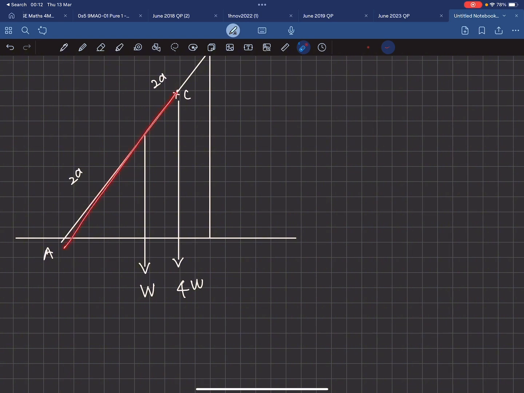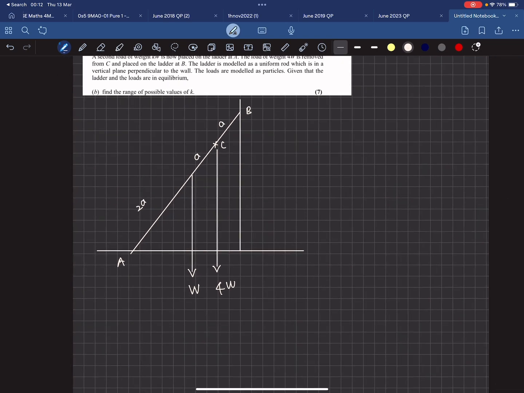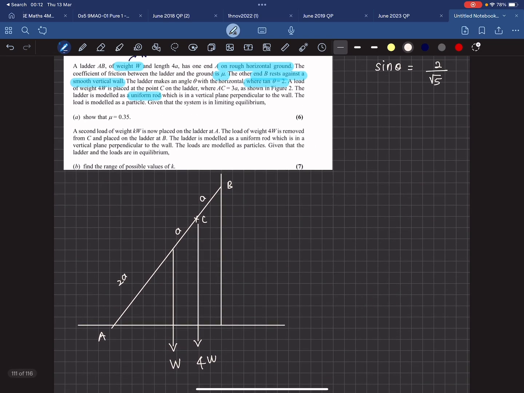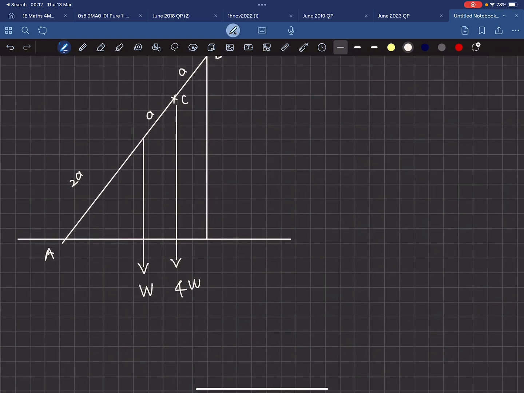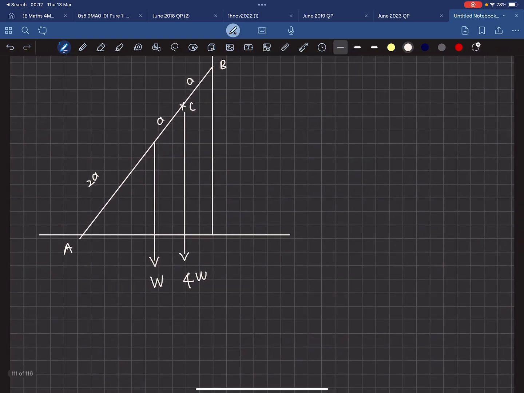And if this is 3a, I'm going to say that's going to be a, and therefore that's going to be a as well, to split that into two parts. Okay, so that's the first thing. I've marked all the weights and then the load at C.